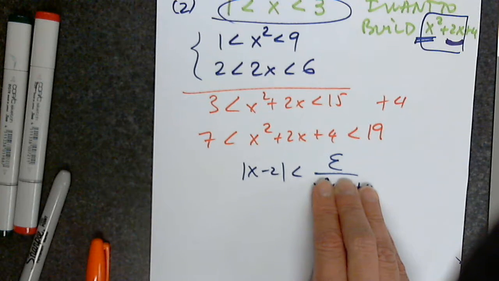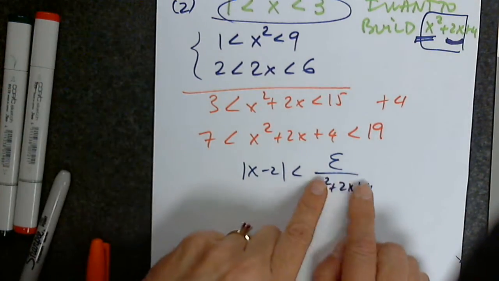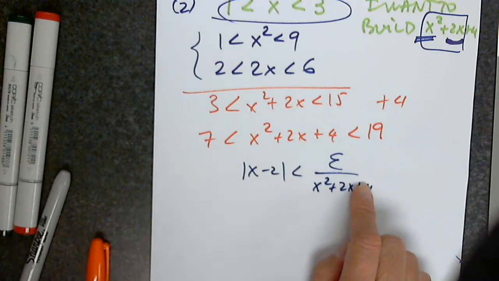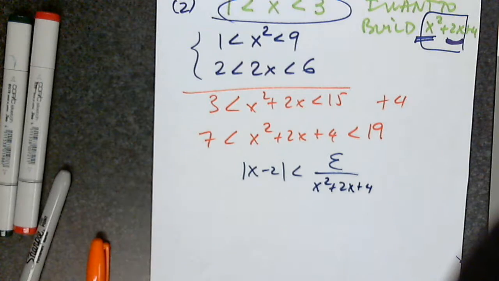I get the blue, because division by 7 will give me a bigger number for delta. Excellent. I know that the second option for this is 19. If I divide epsilon by 19, will I get the red or the blue? Which of these two numbers do I have to pick then? Do I pick 7 or do I pick 19?